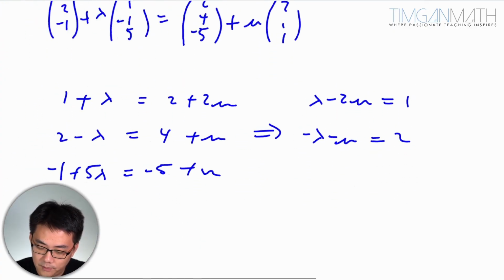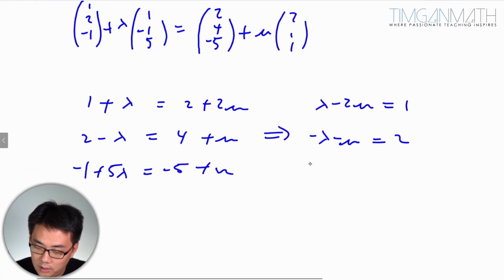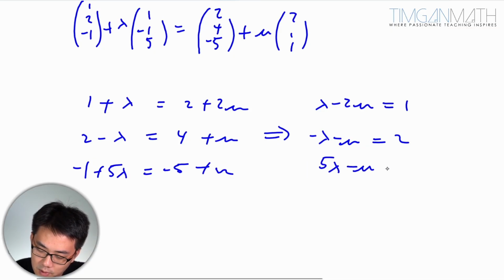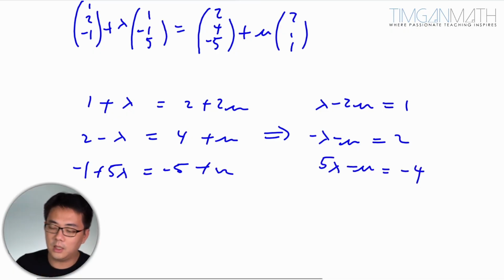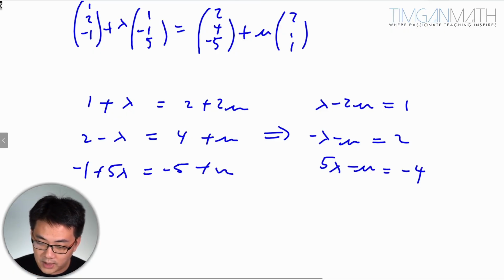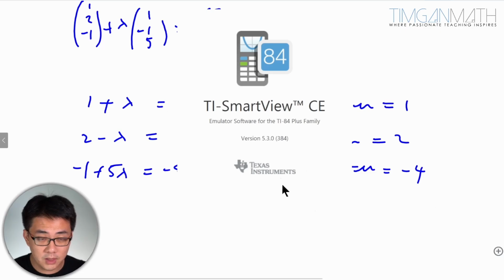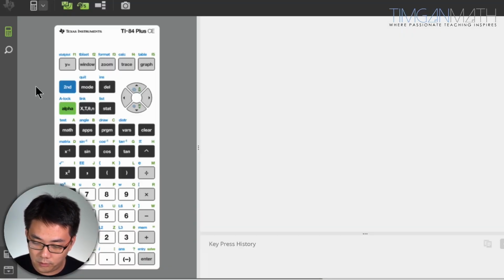Then 5 lambda minus mu equals to -4. Okay, so key in the calculator. You will expect it to have a unique solution. So just key all of this down and hope for the best.